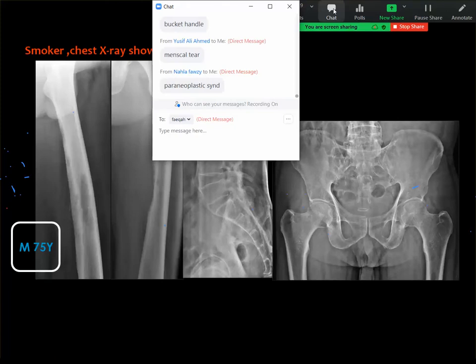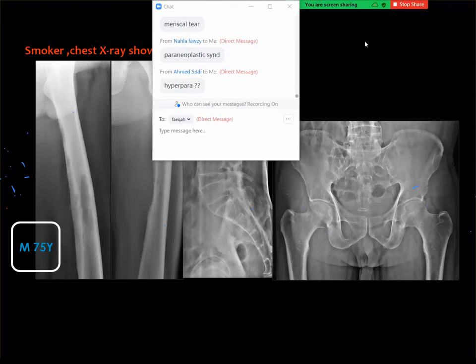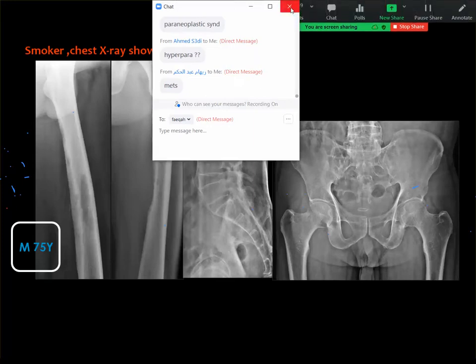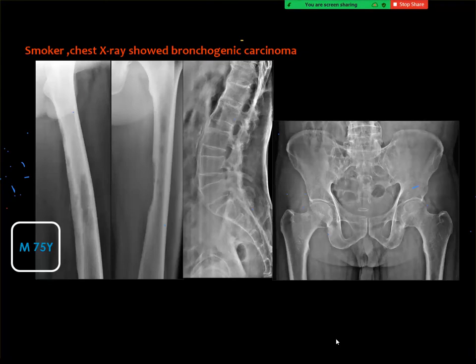Paraneoplastic syndrome, Nahla said. Other possibilities. Hyperparathyroidism, Ahmed said. Okay, metastasis, Reham said, and let us verify the findings.